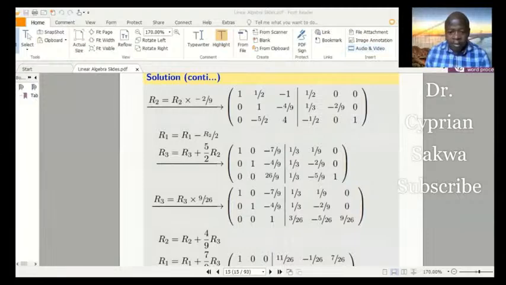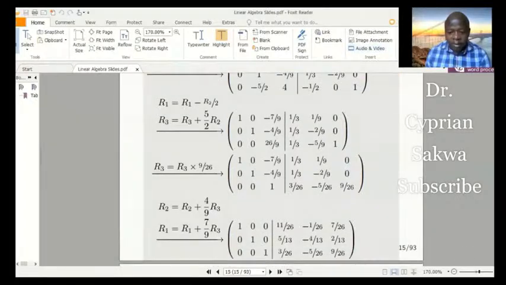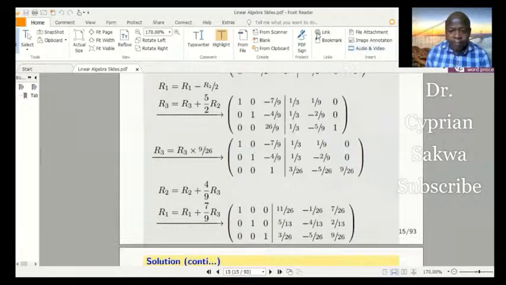To get a 0 in this position, I'll take row 2, the element in row 2, plus 4/9 of the element in row 3.